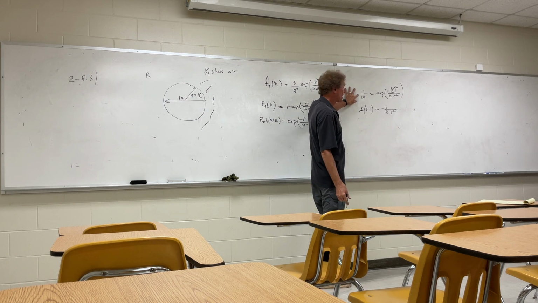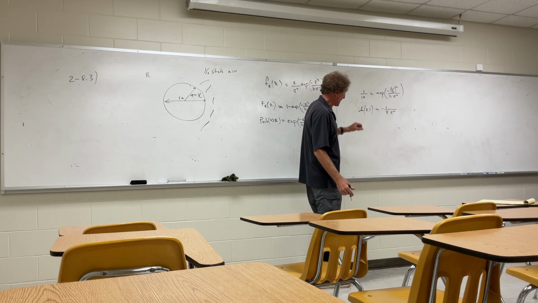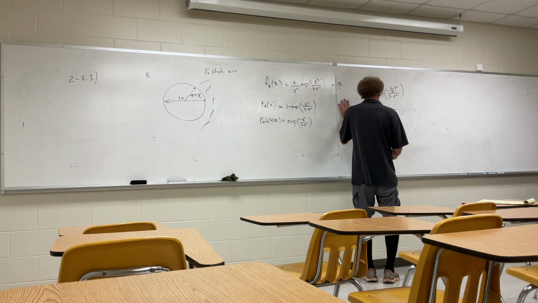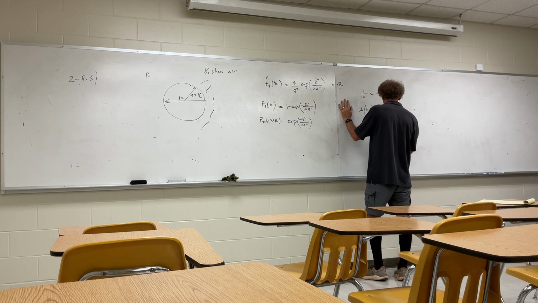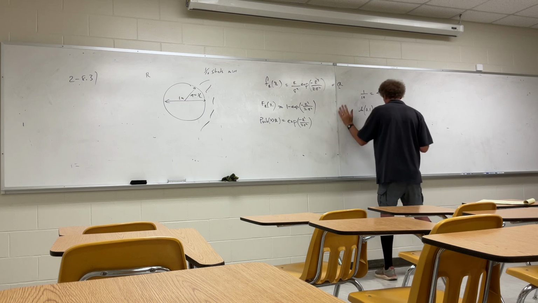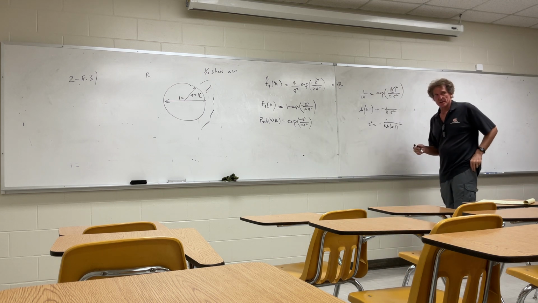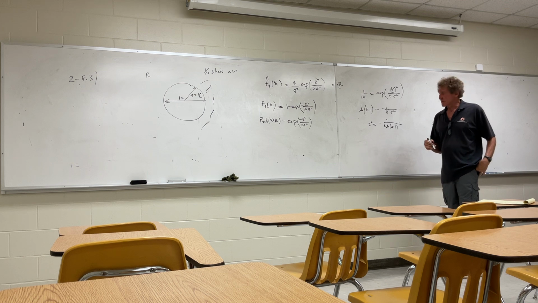I had to take the log of both sides of this equation to get to that point. And then I can say that means sigma squared is equal to minus 1/8 over the natural log of 0.1. And can you tell me what that is? Or sigma, either one.